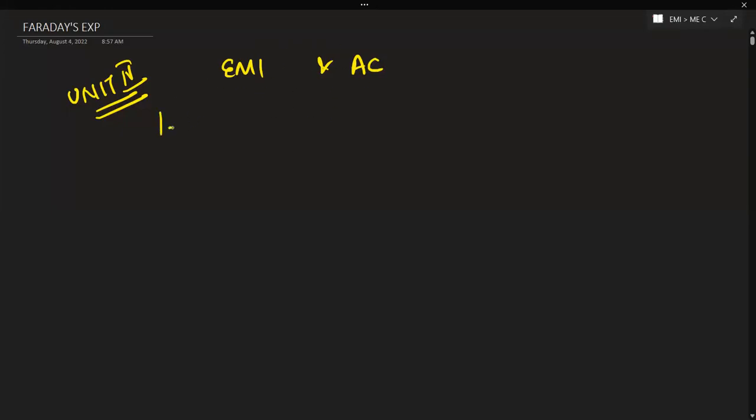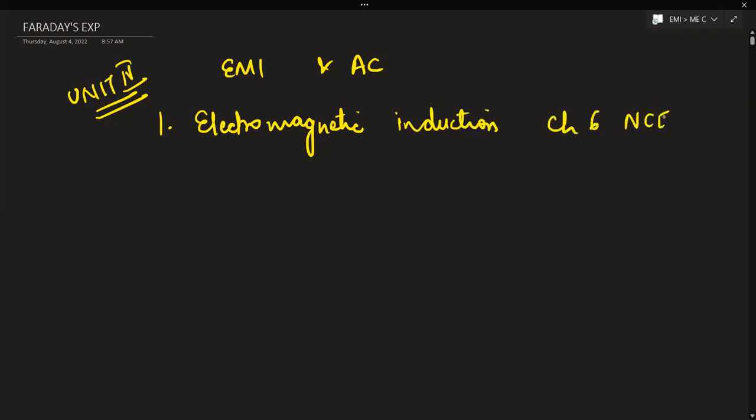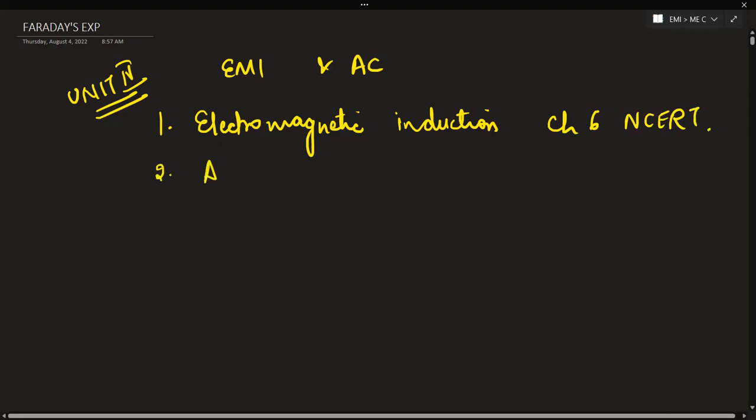The first one is EMI, electromagnetic induction, which is chapter 6 of your NCERT. Then you have alternating current, which is chapter 7 of your NCERT.